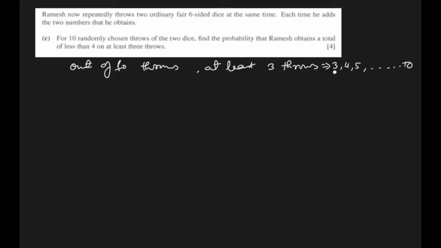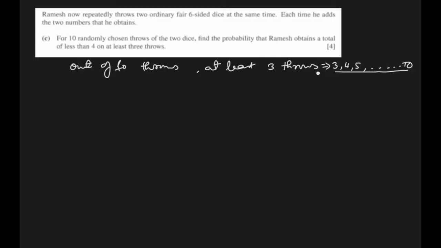So out of 10 throws, at least 3 throws, which means the successes are either 3, 4, 5, or up to all 10 successes. These are the cases, right?